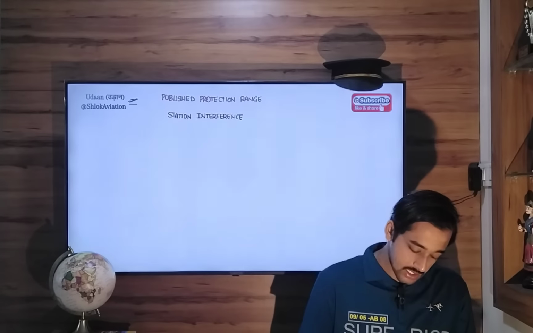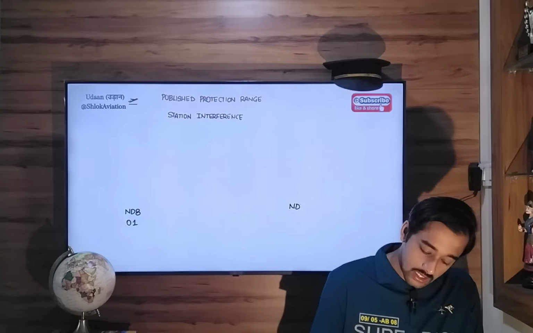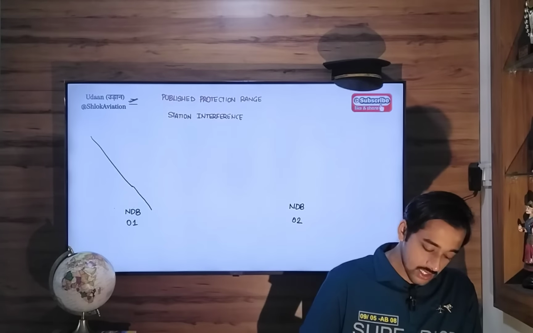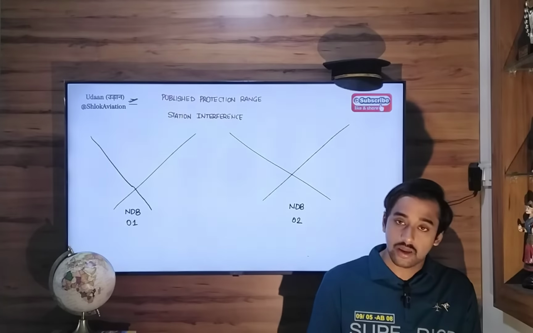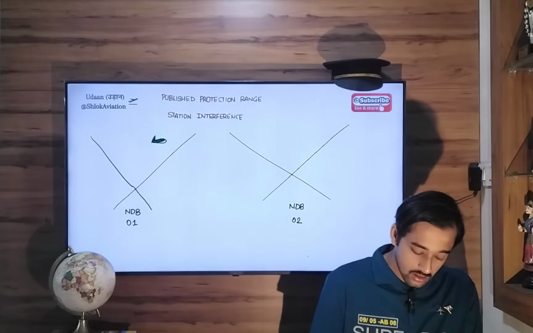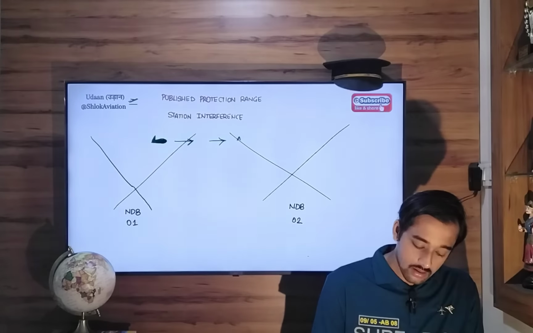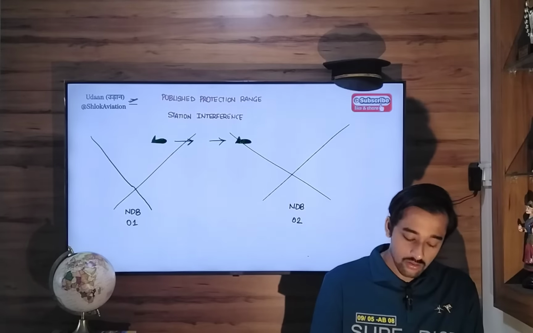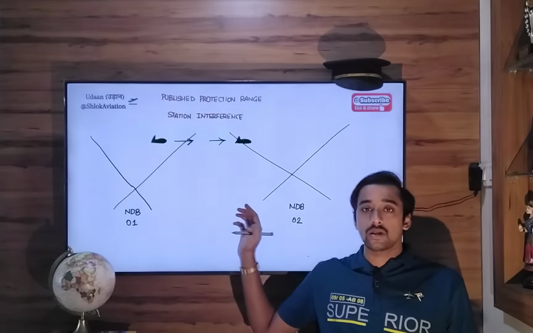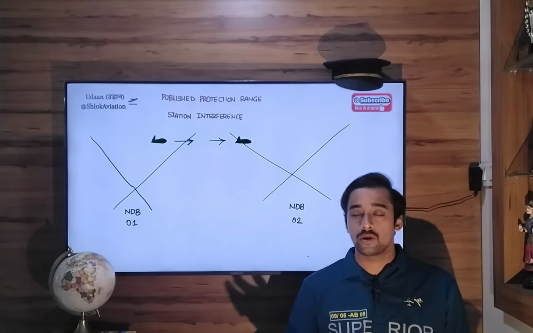So if this is your NDB station, this is your NDB2 station, is the published protection range, let's say. Okay. So when you are traveling from one NDB station to another NDB station, better to switch your frequencies from the previous one to the next station, to avoid confusion, to avoid interference between two different stations.